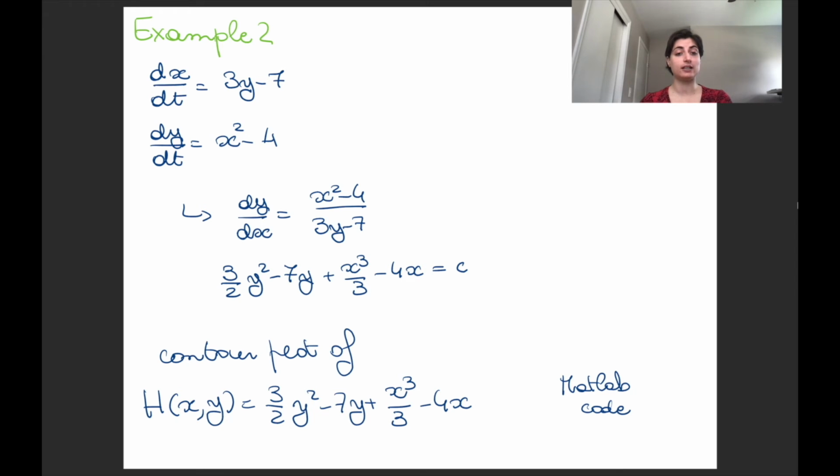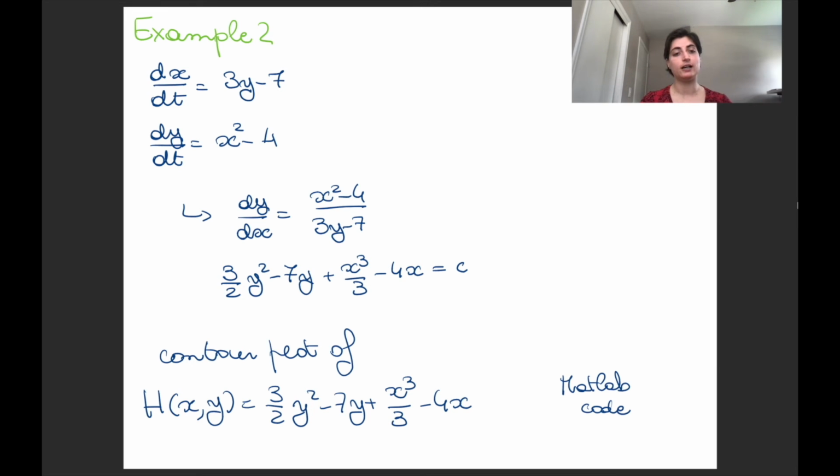Let's go for a second example. We have dx/dt equal to 3y minus 7, and dy/dt equal to x squared minus 4. So dy over dx becomes (x squared minus 4) divided by (3y minus 7).